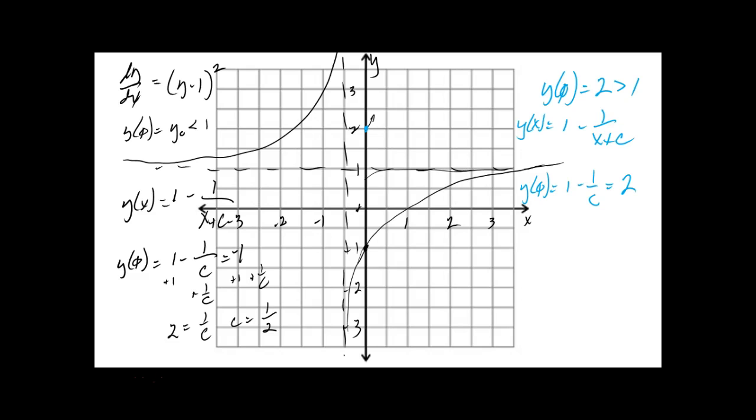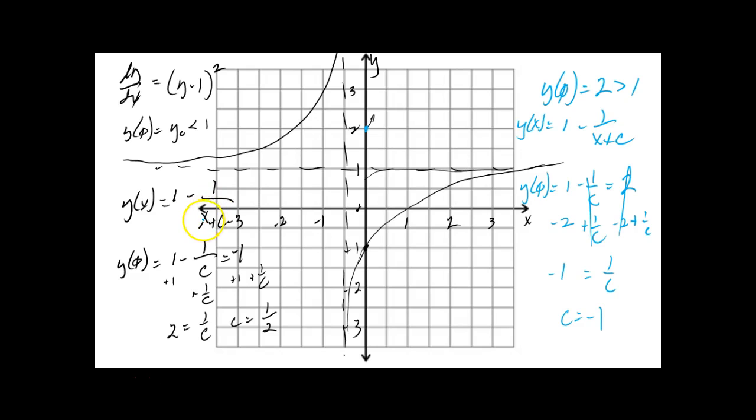So what we're going to do here, I think I'll add 1 over c to both sides and subtract 2 from both sides, and that gives you negative 1 is equal to 1 over c, so c is equal to negative 1, right? So now your c is negative 1.